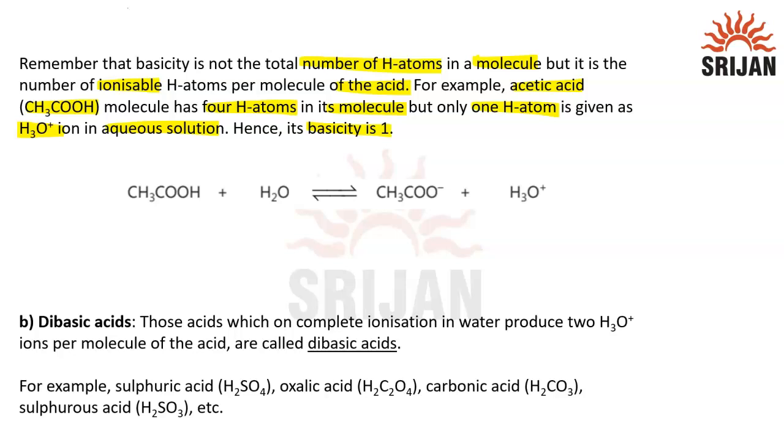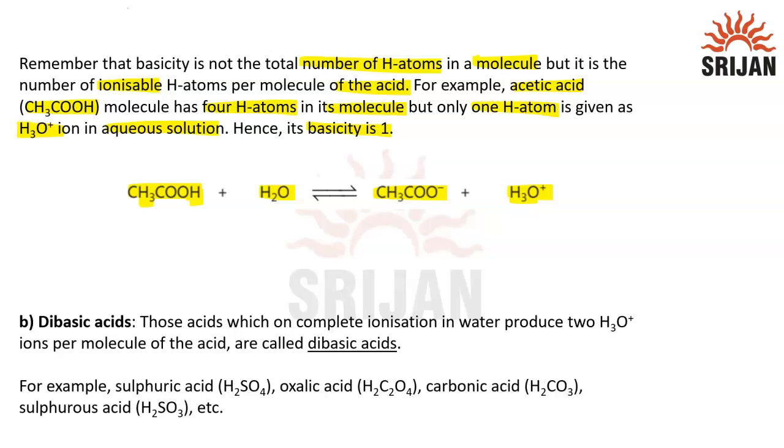Here is the reaction. CH3COOH on reacting with water produces CH3COO negative along with the H3O positive ion. The hydrogen atom attached to oxygen is the ionizable hydrogen atom. Why is it so? Because of the electronegativity difference. These three hydrogen atoms are attached to the carbon, but this one hydrogen atom is attached to the oxygen.